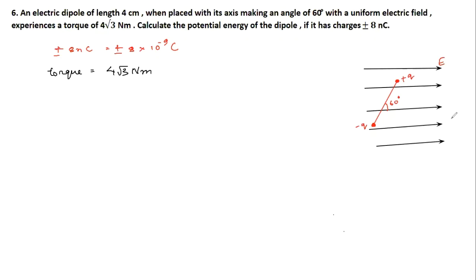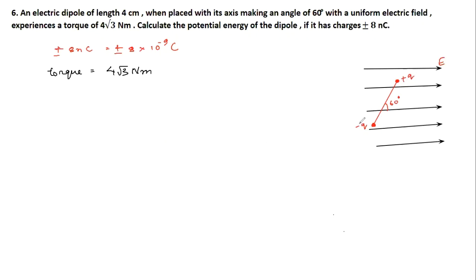Right? So I've studied in the earlier classes that when you have a dipole and you place it in any uniform electric field, for both the charges you will have an oppositely directed Coulomb force. This plus q is going to experience a force in this direction, and this minus q is going to experience a force in this direction due to this electric field E, and both the forces cancel out each other.